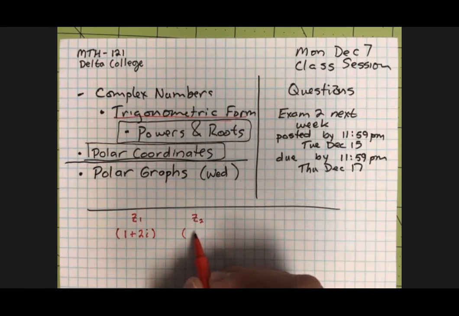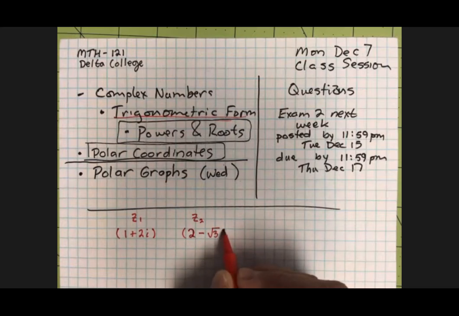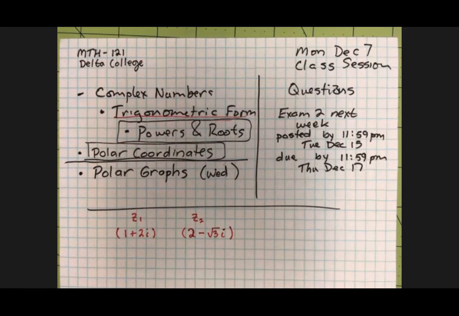Okay, what do I want to say? I'll say 2 minus root 3i. And even if this has a funny root 3 right here, you know that it's very easy to add these.